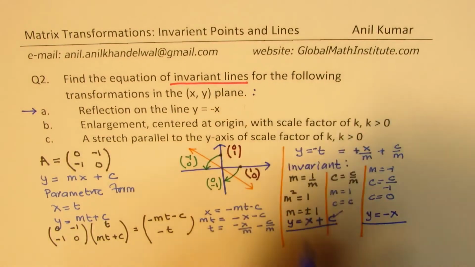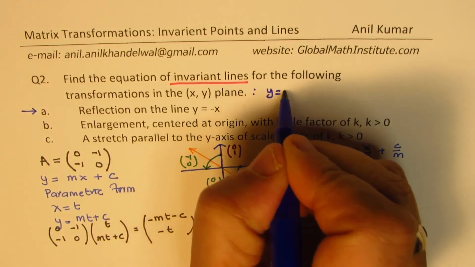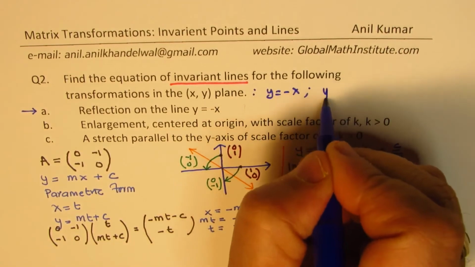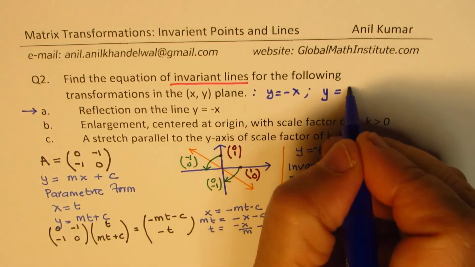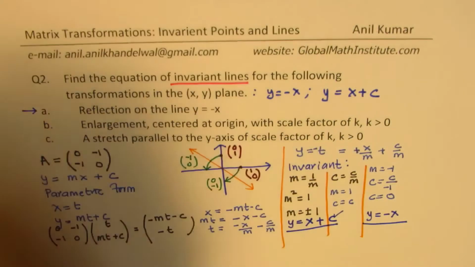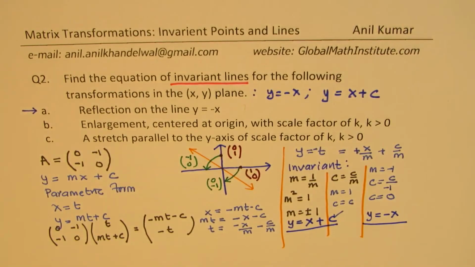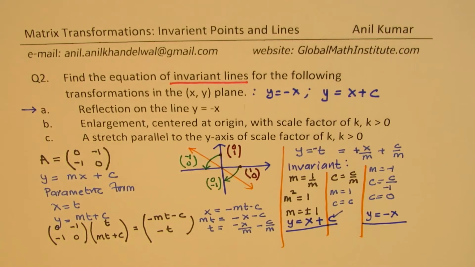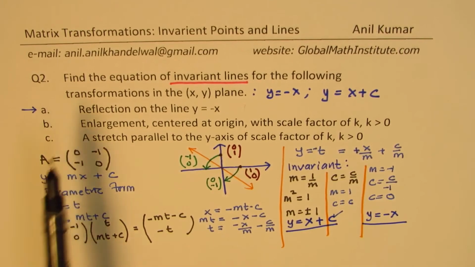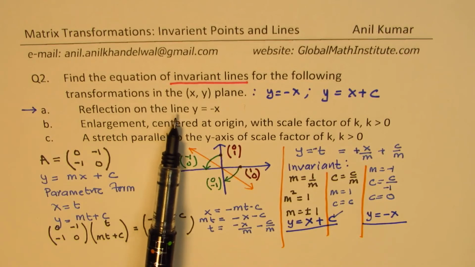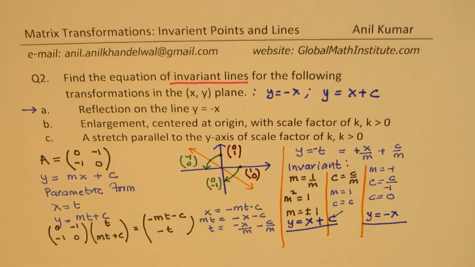So our answer here is y equals minus x and y equals x plus c are the two invariant lines for condition A. So I hope that is absolutely clear. In this particular example, we have seen how first we need to find the transformation matrix which could reflect the points on the line y equals minus x.